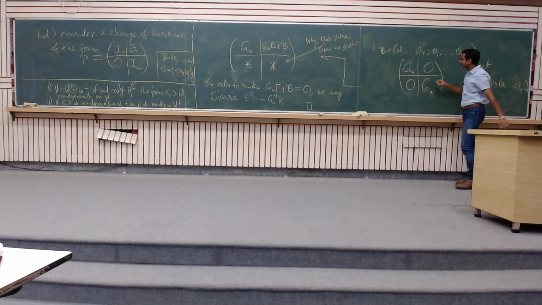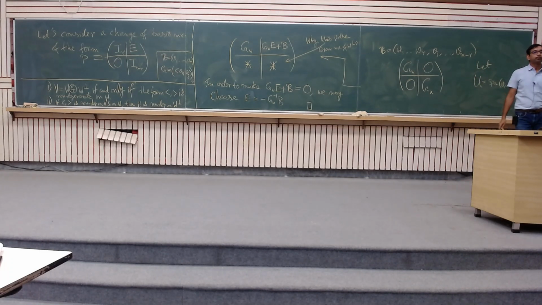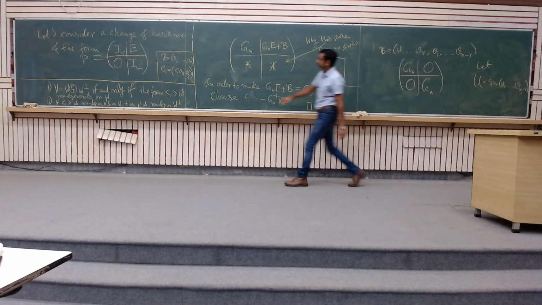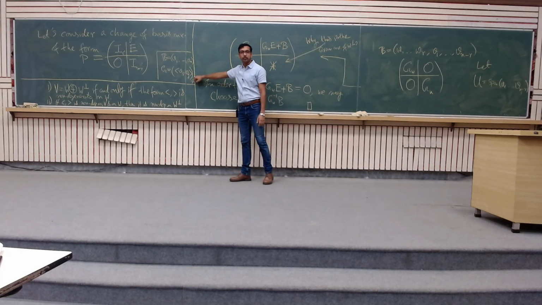Now, Arnab, what does this 0 here mean in terms of the basis vectors? What are the elements here? Recall the definition you just gave a while ago. This is Vi Vj, right?